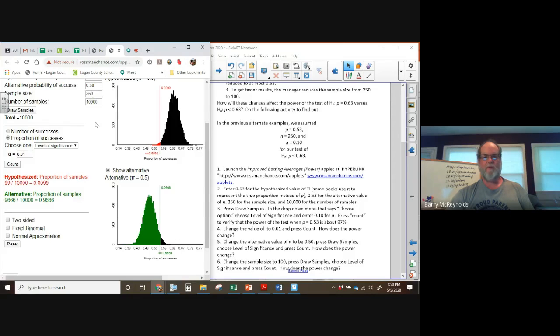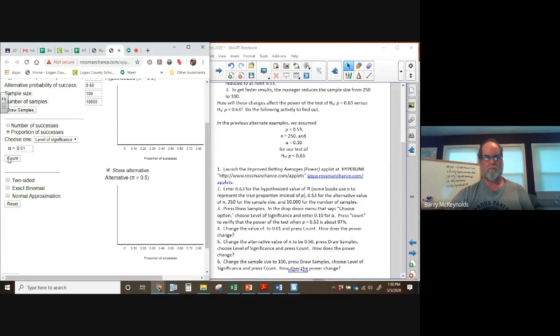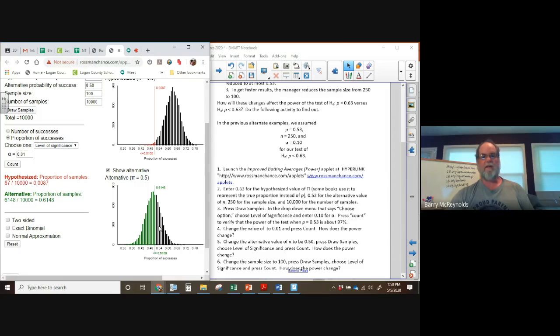Okay, so with 250, the probability of committing type 2 error is really, really small. But when I take fewer samples, that power gets lower, I'm even more likely to commit that mistake.